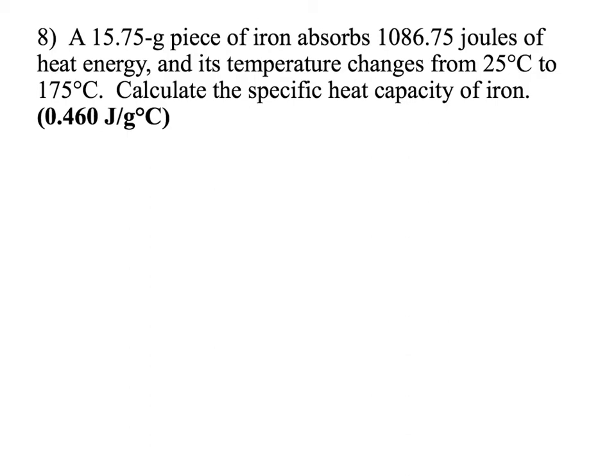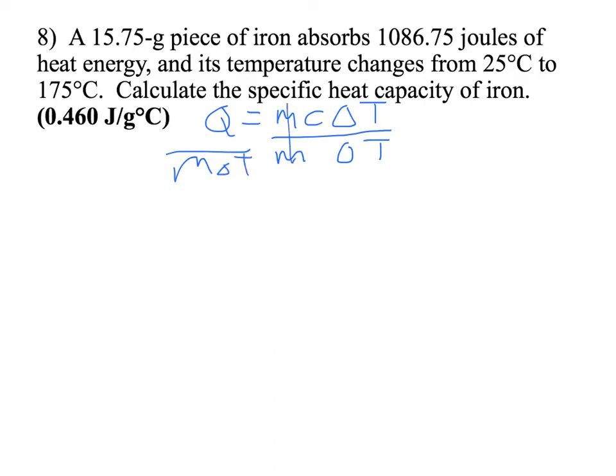So, in this case, we start off with the equation Q is equal to mc delta T, and we need to solve this for C. So I'm going to divide both sides by m and both sides by delta T. Then we can get rid of the delta T, and we got just C. So C is equal to Q over m delta T.